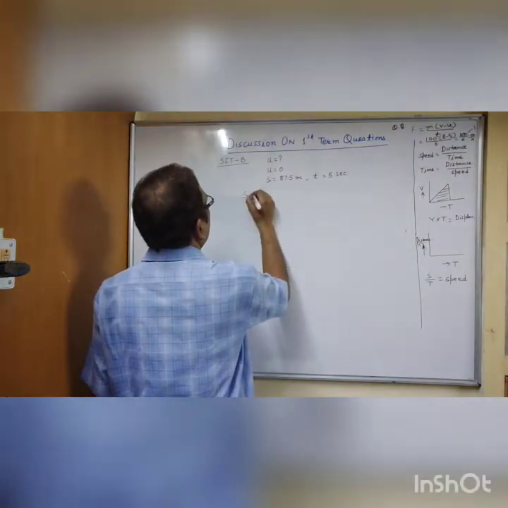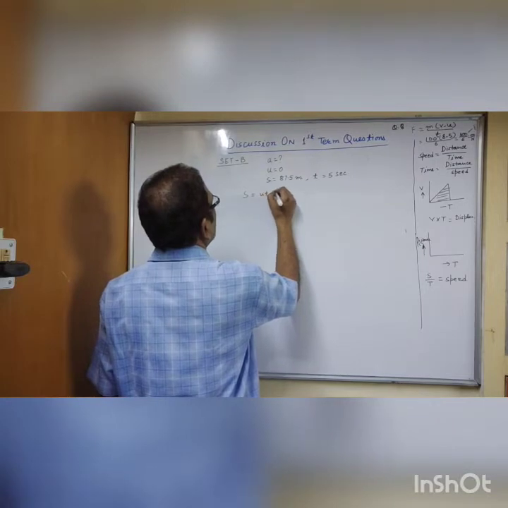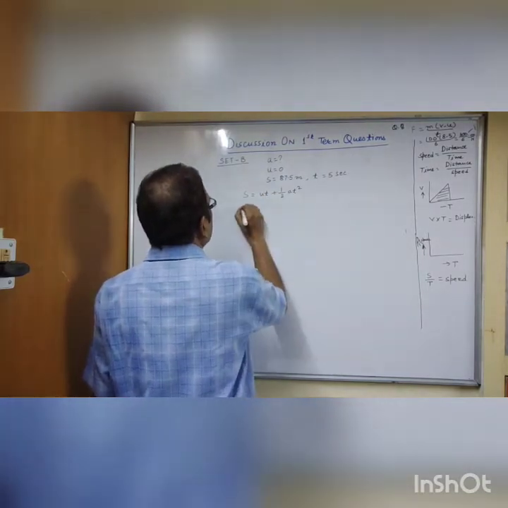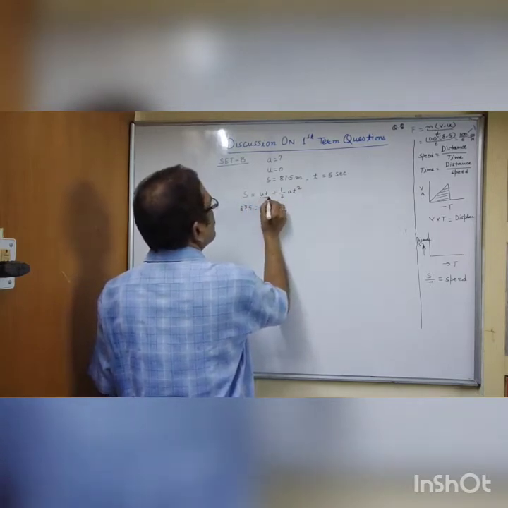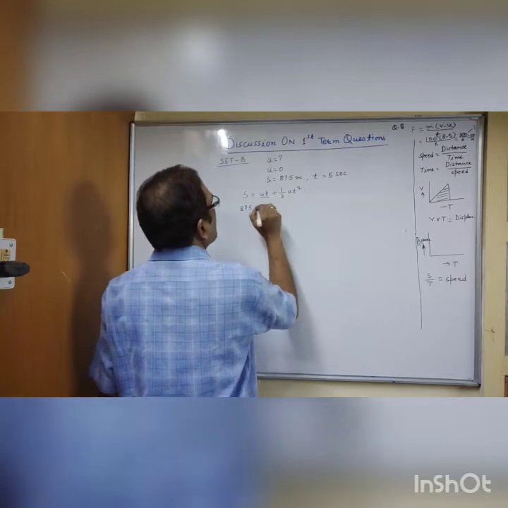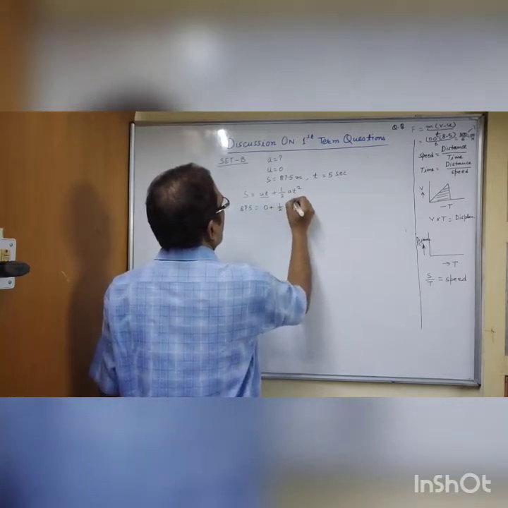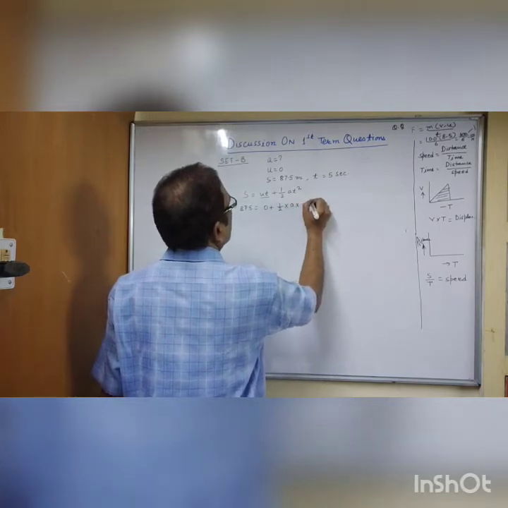So I am writing S is equal to ut plus half at square. Now S is 87.5, u is 0, so this term will be zero, 0 into t will be 0. So it will be half, a we have to calculate, and t is 5, so 5 square.